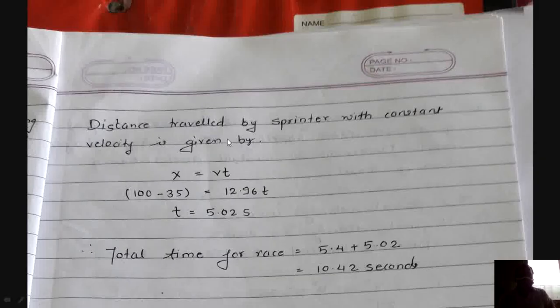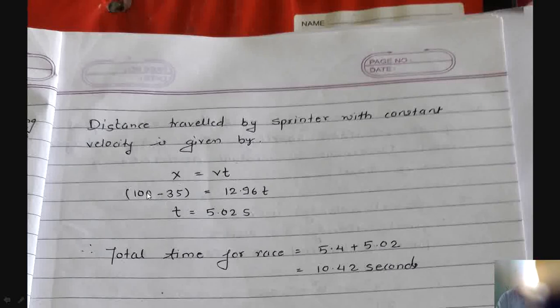Now the distance traveled by the sprinter with constant velocity is given by x is equal to vt. Why? Because velocity is the rate of change of displacement with respect to time. So v is equal to x by t, and rearranging the equation, x is equal to v into t.